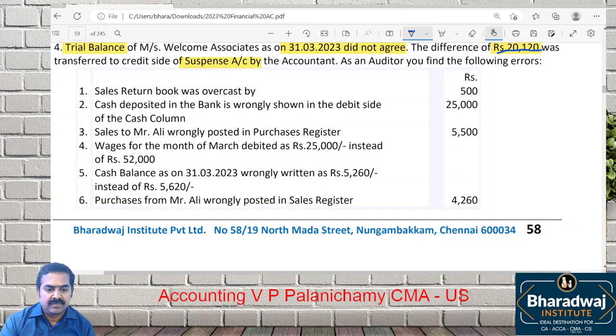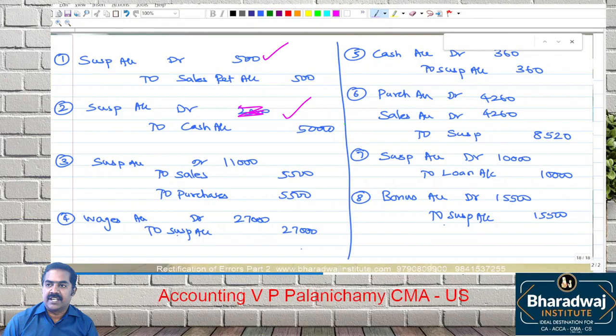Credit side. But we recorded on the debit side. How to rectify this? To remove the wrong debit, one credit. To put the correct credit, one credit. So double the amount must be credited. So suspense account debtor to cash, how much? 50,000.